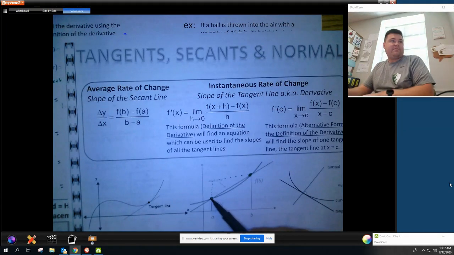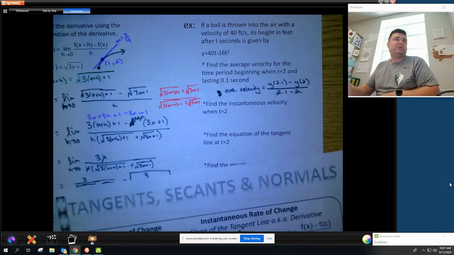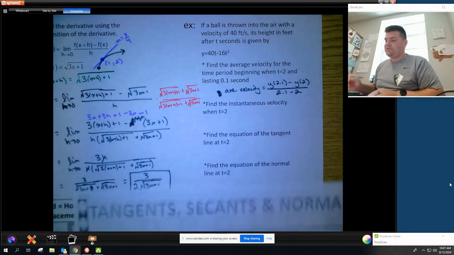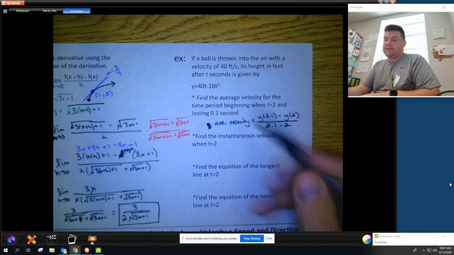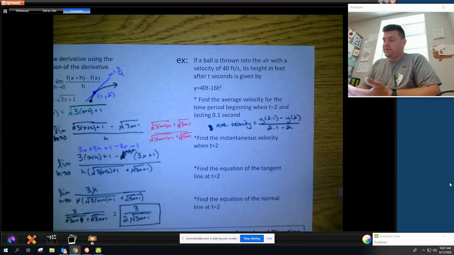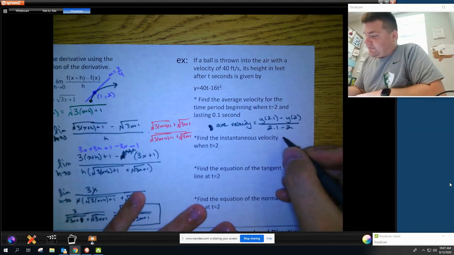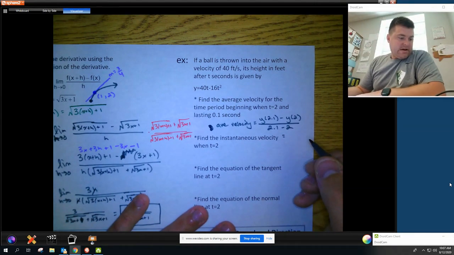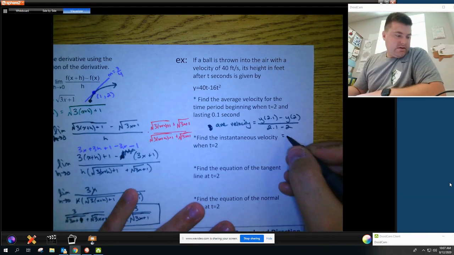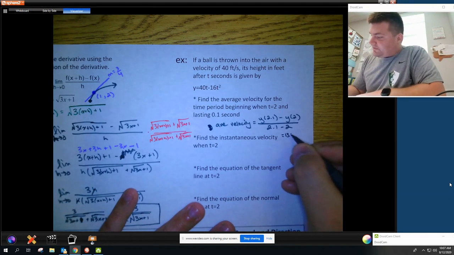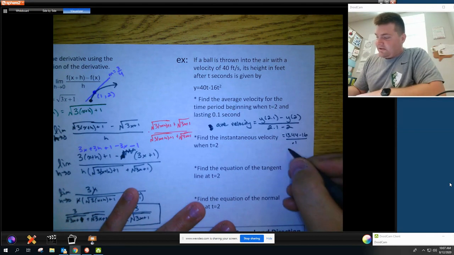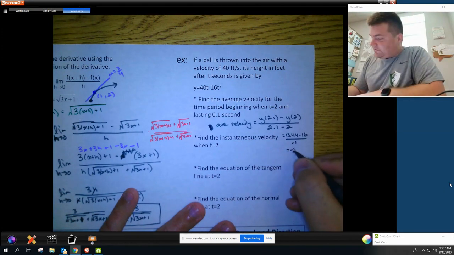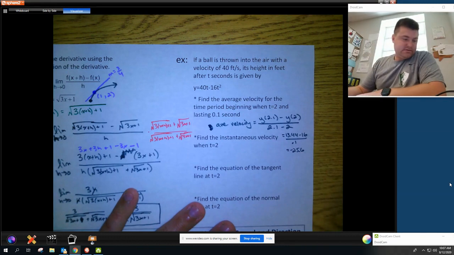So what's the average change given this function right here? And since this is a 2.1 decimal, you literally can just plug this right into a calculator. I don't have one in front of me, so I'm going to use what I used before. I got this number right here, which is going to give me an answer of negative 25.6 feet per second.